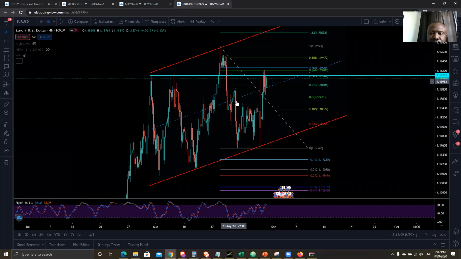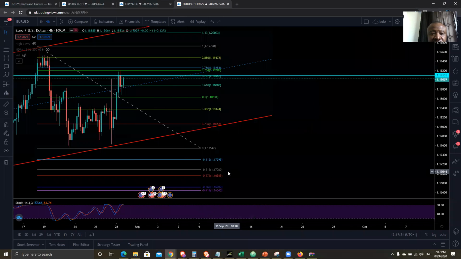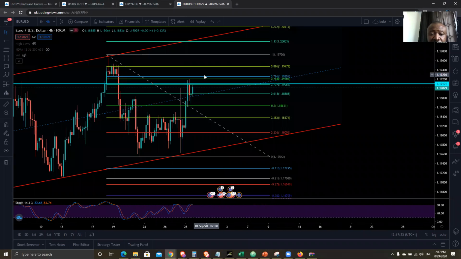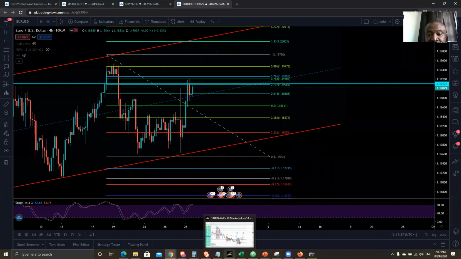So this fell off, came back up here, 78.6, area of resistance. And in that area of resistance, we've seen some rejection. So there are technical reasons that the euro may start to come down over the next week.